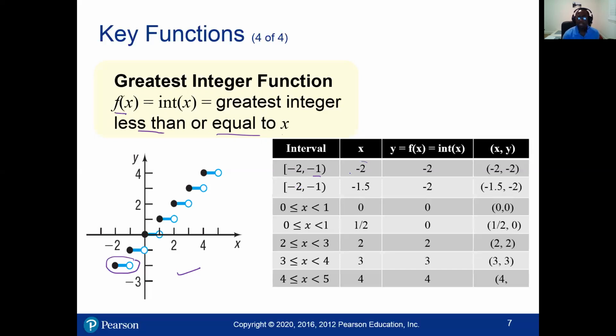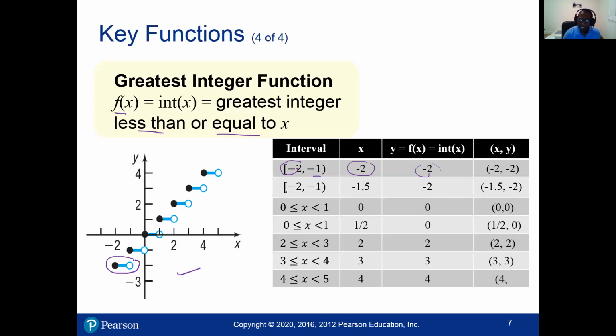If I pick x as -2, what is the greatest integer less than or equal to -2? That is -2, because -1 is not part of the interval. That is why there are parentheses there, and so the y value is -2. Therefore, the point is (-2, -2).